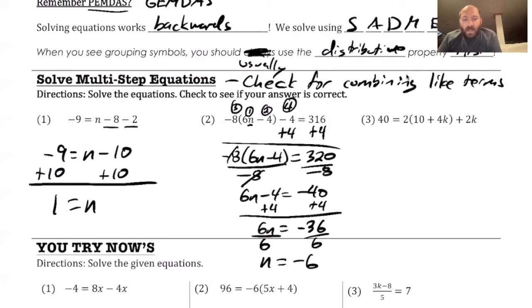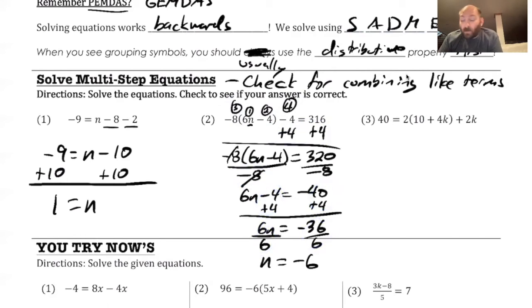So n equals -6. Following the SADMEG idea, I took care of subtraction, then the multiplication, then I took care of the grouping symbol right there. I did addition to get rid of the subtraction, division to get rid of the multiplication. Then I did addition here, and then I did division here.